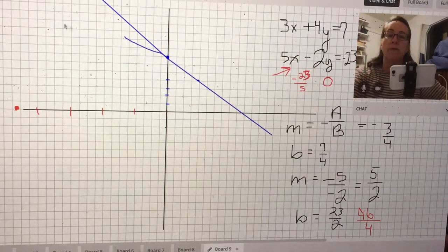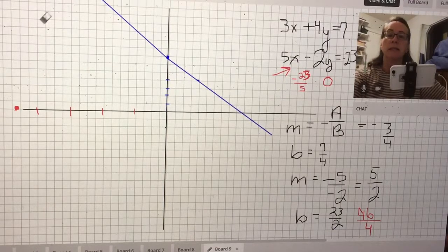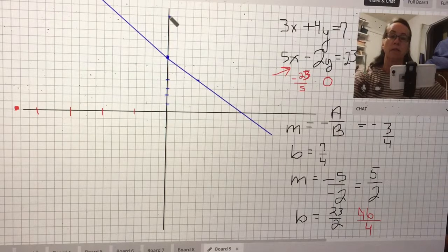This is not a very friendly one to do by graphing, okay? Because it's got really weird points, and that does not look like a straight line. But we're going to pretend it is right now. We're going to just get close, and then we're going to solve this one using another method.